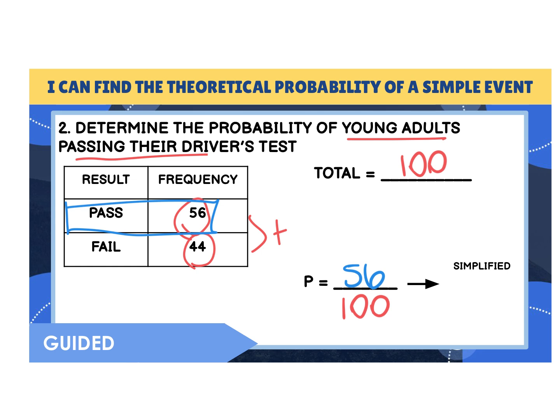We can do 56 over 100, hit simp, and enter in your calculator. And we can get 14 over 25 as our simplified version.